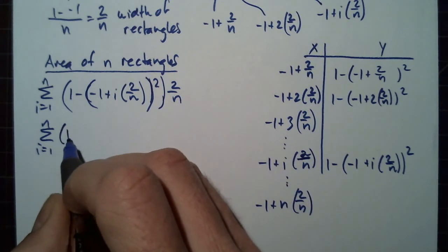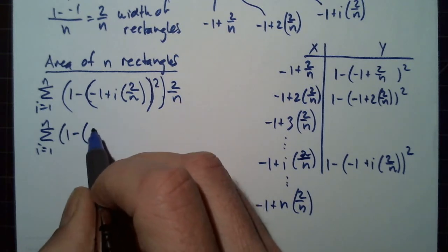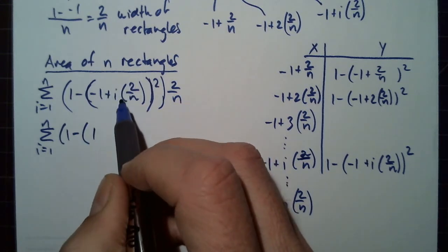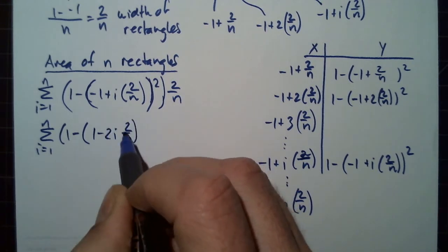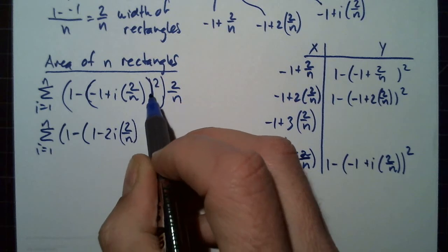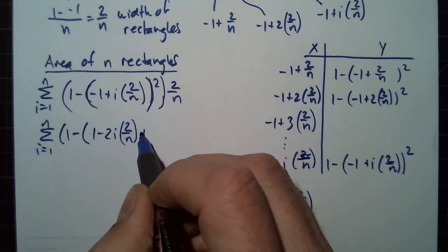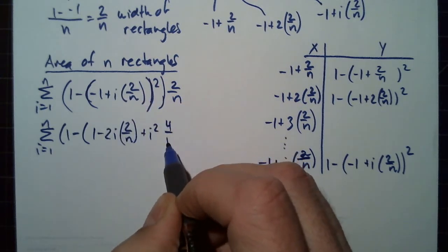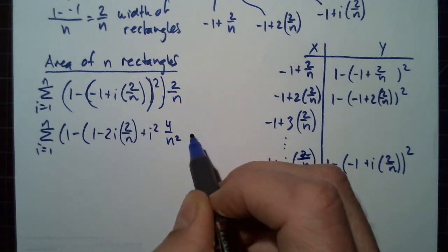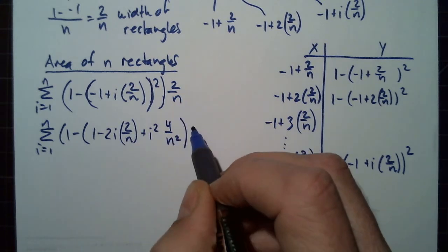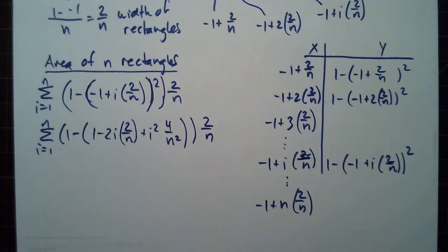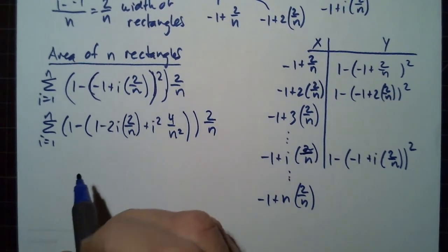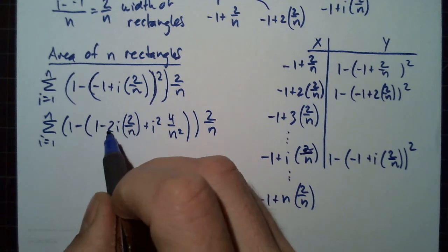So let's copy the 1. And then we're going to have 1, this times this, and then this times this, so we're going to get negative 2i times 2 over n. And then we're going to square this, and we have i squared times 4 over n squared. And then that's times 2 over n.